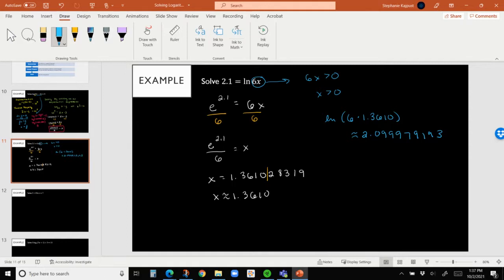Not exactly, but it rounds to 2.1. And the whole reason you're not getting exactly 2.1 is because we rounded to get our initial answer. So when you're checking your answers for something like this, you're not going to get the exact same answer, but it's going to round to the same answer, and that's good enough. Are there any questions?